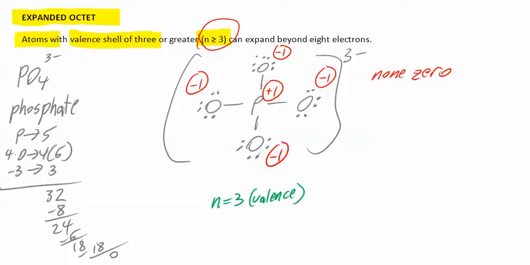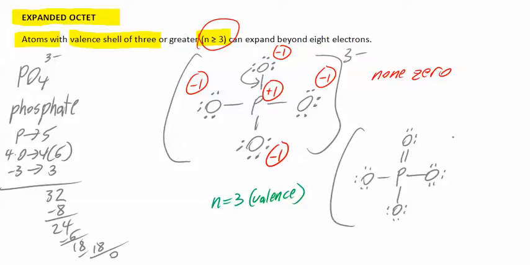So if one of the oxygens kicked down a lone pair to make a double bond, this molecule would look something like this, these are two different resonance forms.